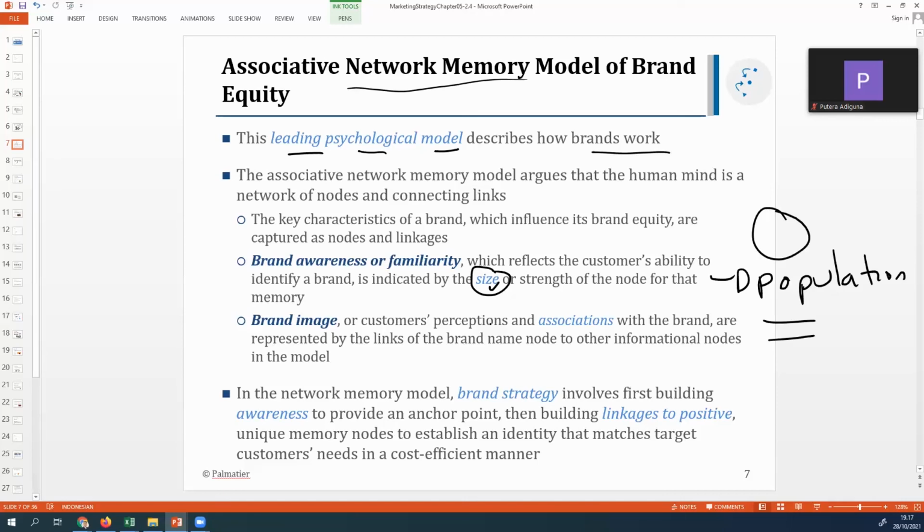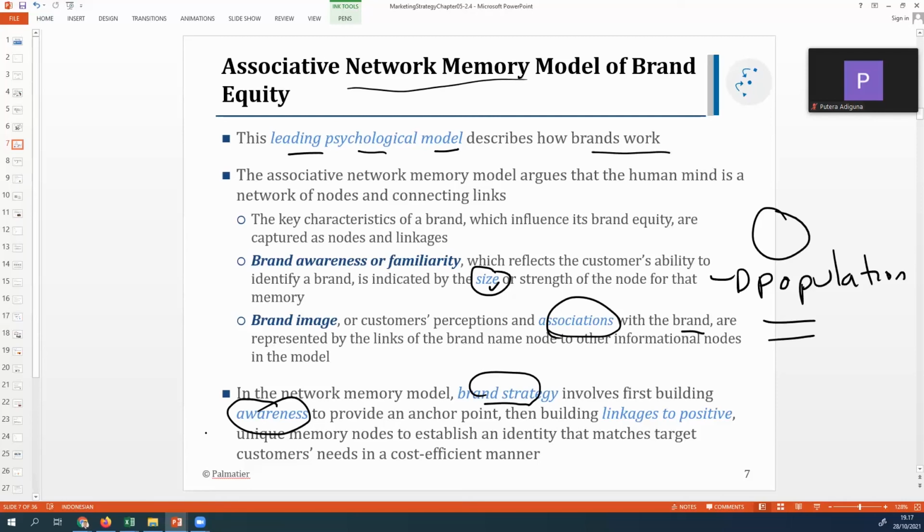The brand image is the association of the brand. James Bond, ultimate driving. So brand image is the customer perception and association with the brand. In the network memory model, brand strategy involves first building the awareness.